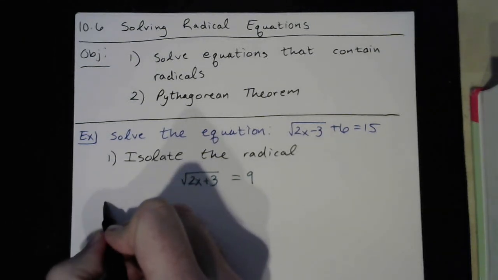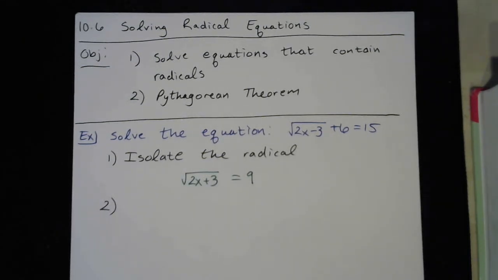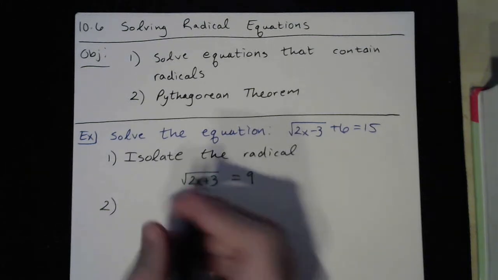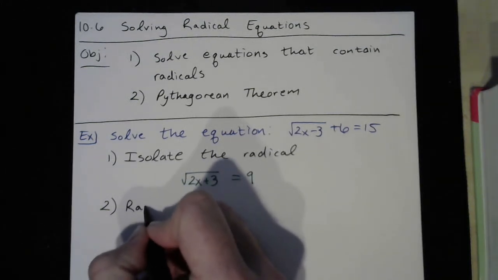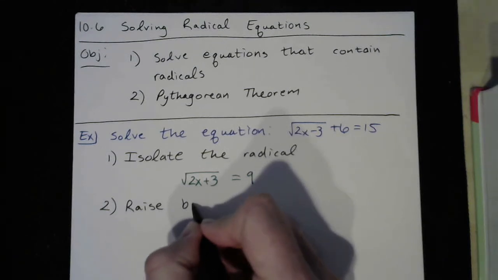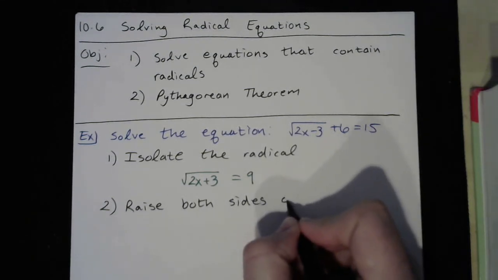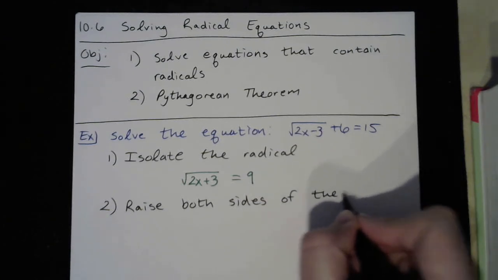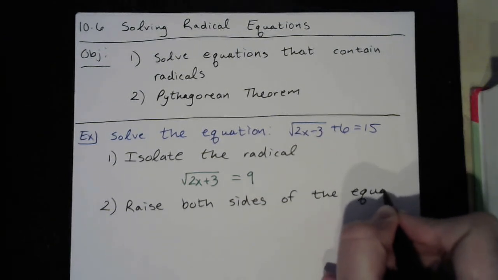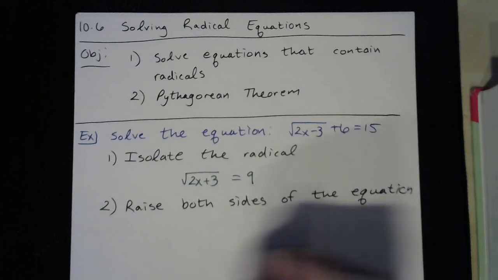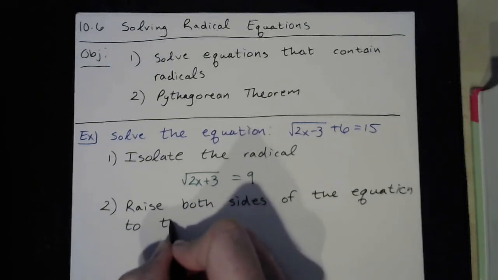So now the second step, once you have your radical all alone, is to raise both sides of the equation to the power of the index.